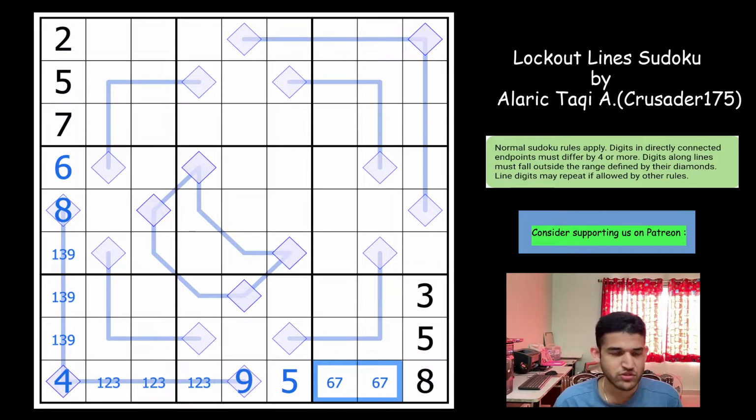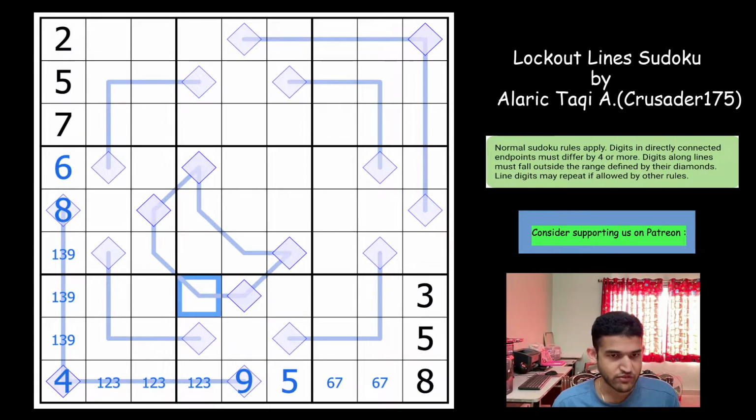So actually I was noticing something here. The rules say that digits along lines must fall outside the range defined by their diamonds. So it is not clear to me if, for example, let's say you have a 4 here. From what I could read from the rules, can you have a 4, let's use this diamond.